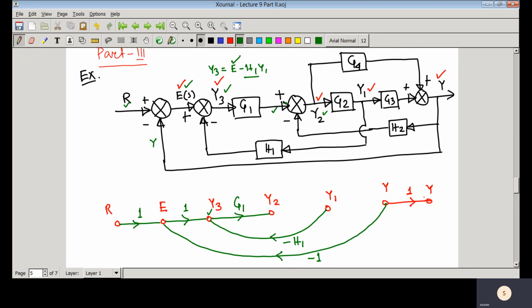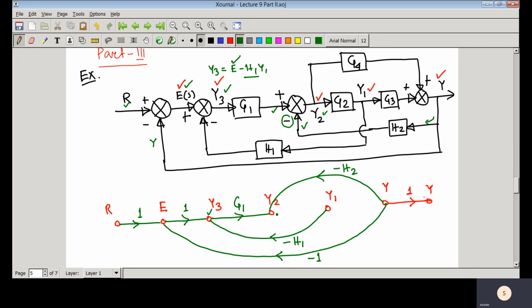Here this is the signal G1 Y3, and then you have another signal that is H2 Y. As there is negative feedback, you have one branch with minus H2.